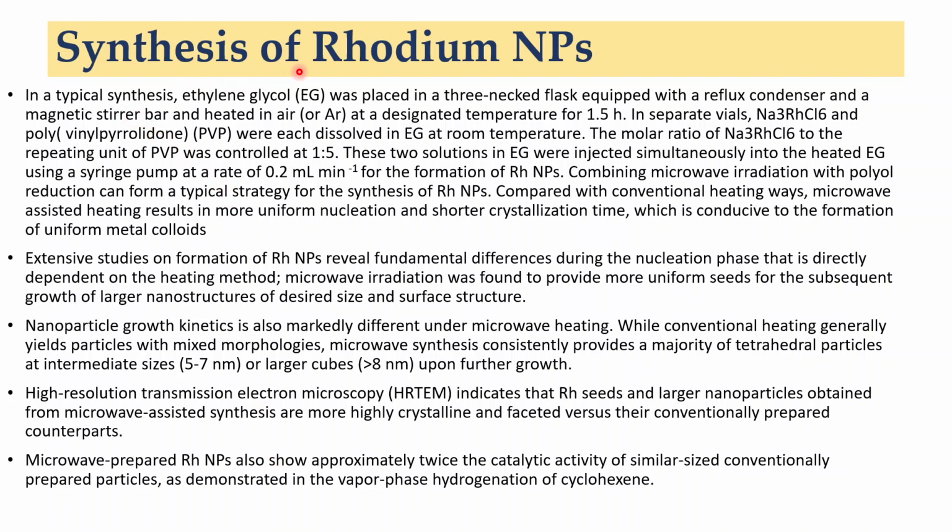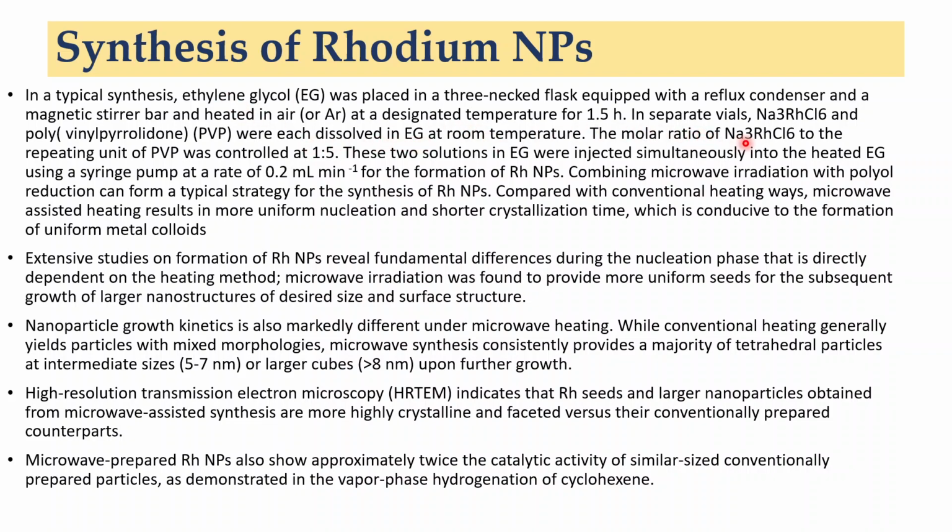This is a synthetic method that we are using. The typical synthesis is a chemical synthetic route. The ethylene glycol was placed in a three-neck flask equipped with a reflux condenser and a magnetic stirrer bar and heated in air at a designated temperature for 1.5 hours. In a separate vial, Na3RhCl6 and PVP, polyvinylpyrrolidone, were each dissolved in EG, that is the ethylene glycol, at room temperature.